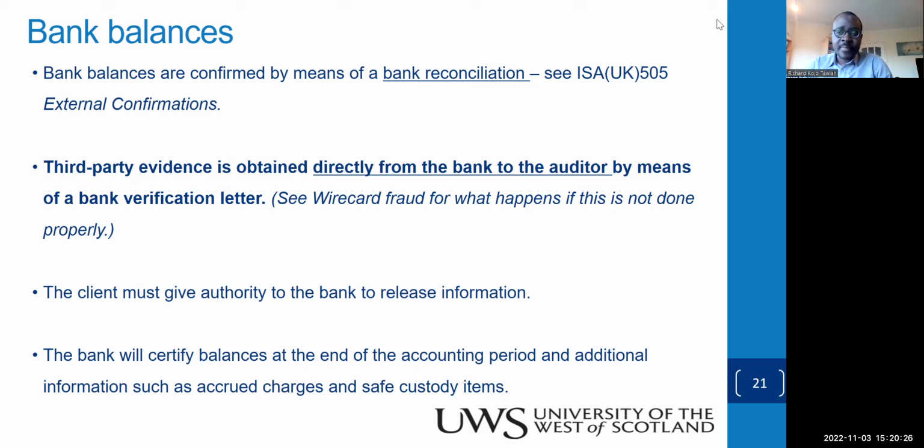In the year 2019, Ernst & Young, EY, refused to sign off the audited financial statements of Wirecard because there was a 1.9 billion euros cash balance sitting on their statement of financial position, on their balance sheet.